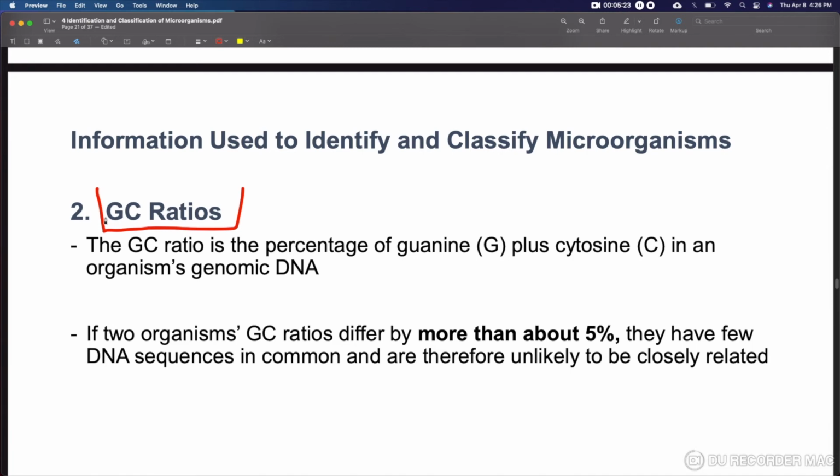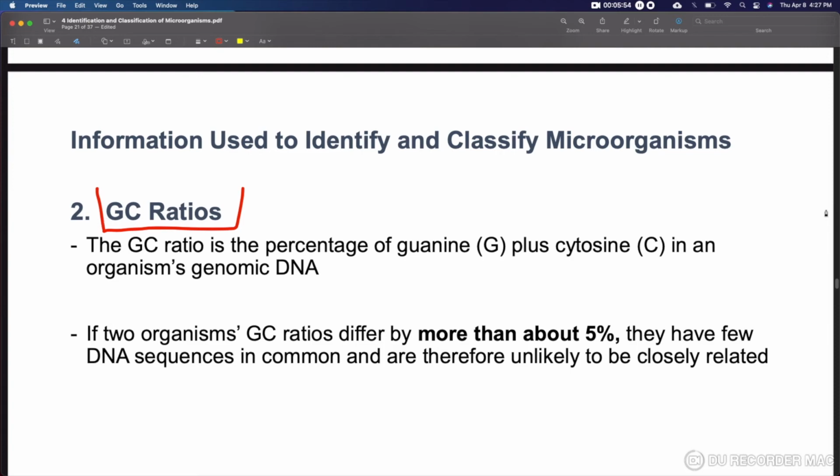Now, we use the ratio of guanine and cytosine in the nucleotide bases of the DNA sequence as a basis, a very rough estimate of the relative relatedness of the species that we're looking at.